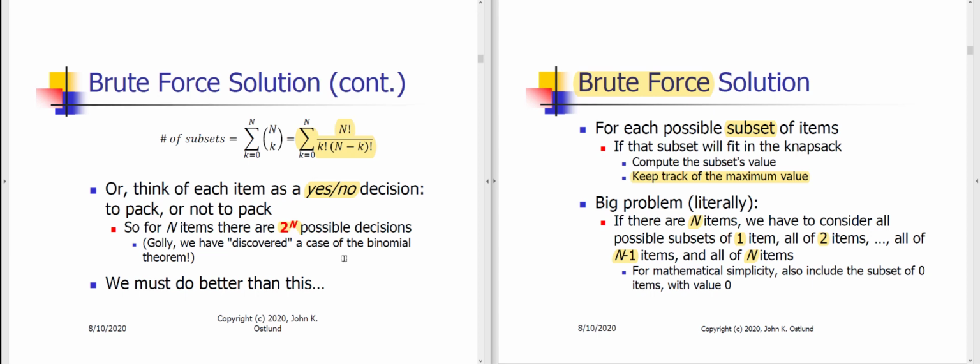Well, that's exponential in the number of items, and of course, the whole purpose of dynamic programming is to try to find a polynomial solution to a problem whose brute force specification is exponential. So let's do better than that.